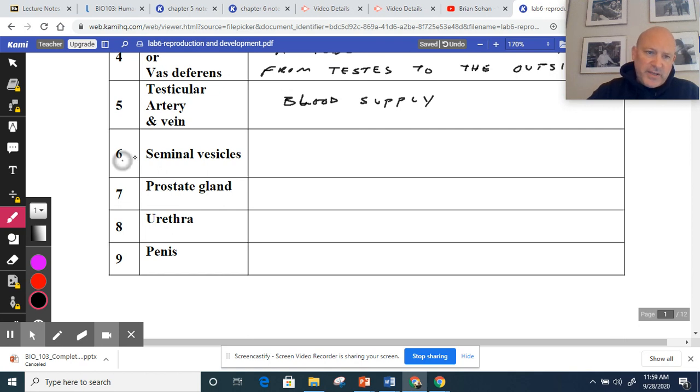We have two glands, seminal vesicles, prostate vesicles. We'll just fill these in together. Fluids in the form of semen.